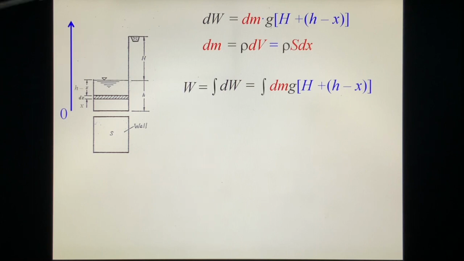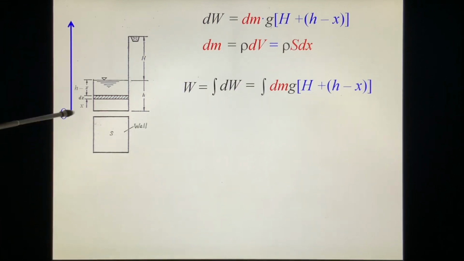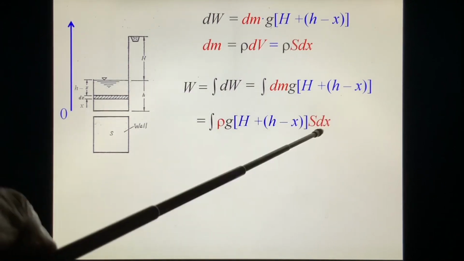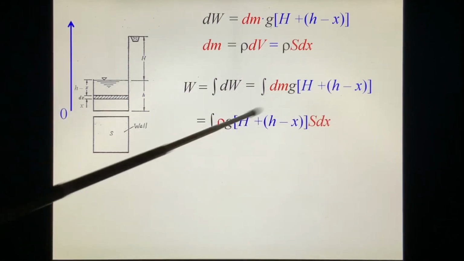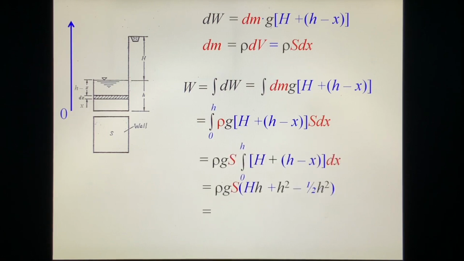So the total work done is an integration. From where to where? From x equal to 0 to h. We put the dm in, rho g S dx, times the height. Integration is from x equal to 0 to x equal to small h. We get the same answer. I'm going to do it.